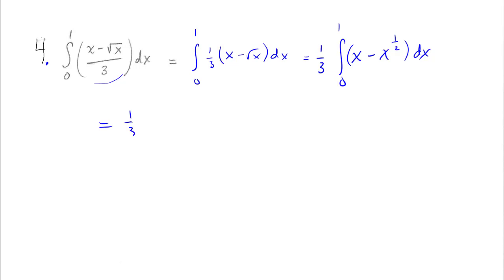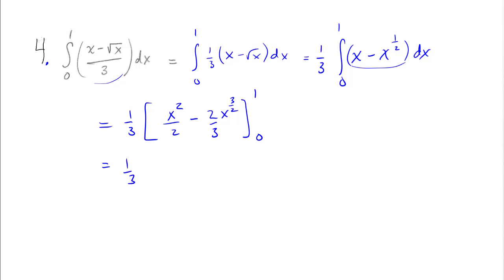Okay, so I have a 1/3, and now I'm going to again integrate what's inside. x integrates to x squared over 2 minus, all right, x to the 1/2 integrates to x to the 3/2 over 3/2, or times 2/3, from 0 to 1.